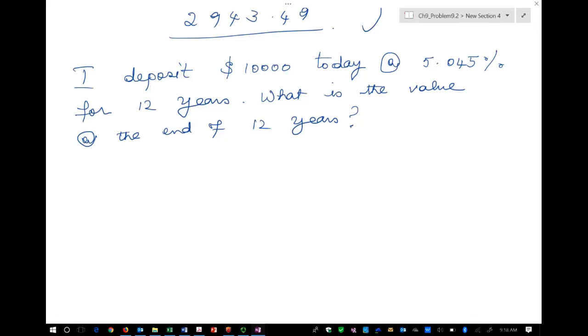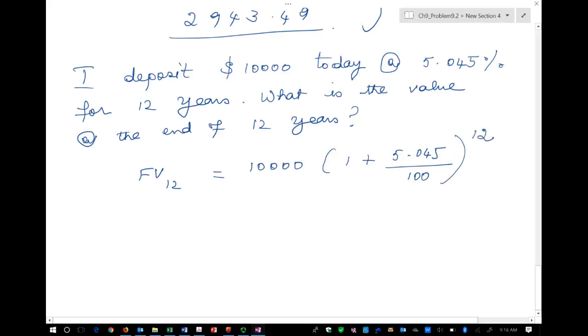So, if you don't want to use Excel spreadsheet, my future value at the end of 12-year period would be 10,000 multiplied by 1 plus 5.045 divided by 100 raised to the power 12. So, that should be equal to 1 plus 0.05045 raised to the power 12.